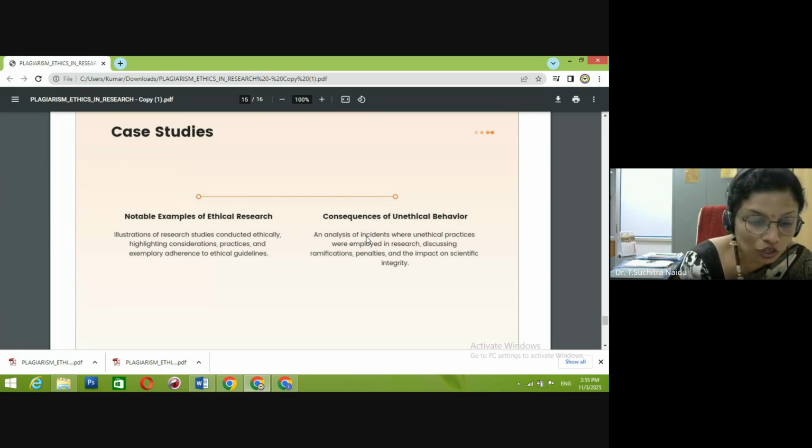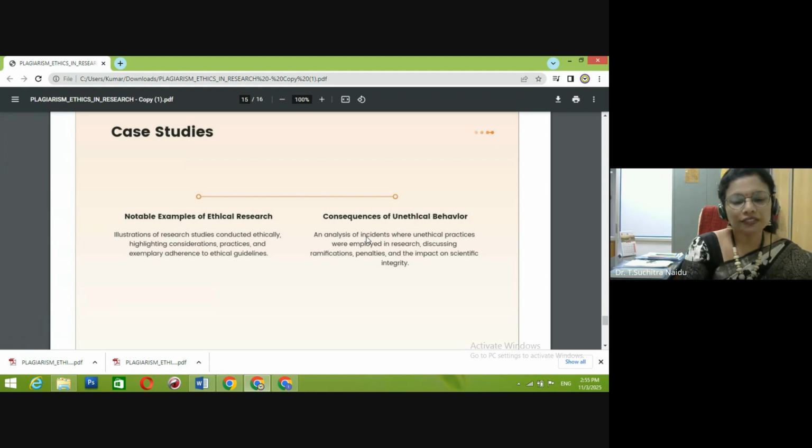And next, coming to the consequences of unethical behavior. What are the consequences of unethical behavior? Legal consequences. It all depends upon what level of plagiarism we are into. And with legal consequences, the highest one is imprisonment. When you breach research ethics, there is imprisonment.